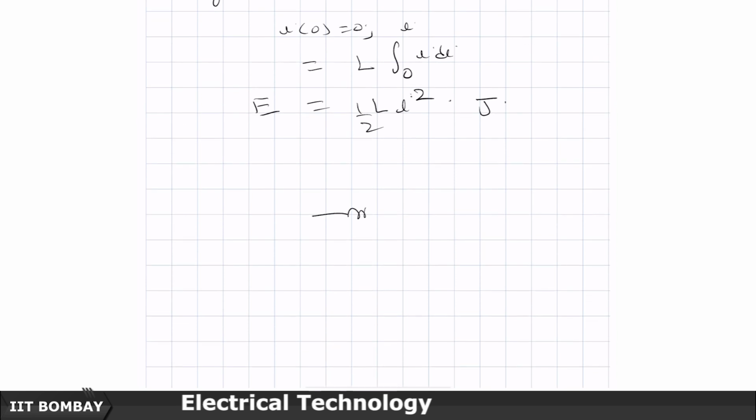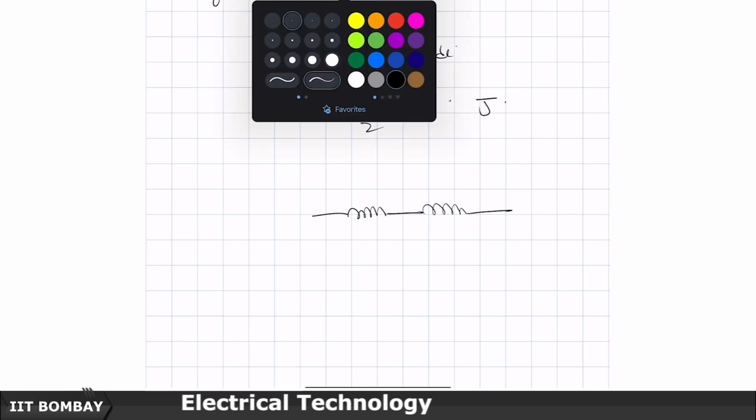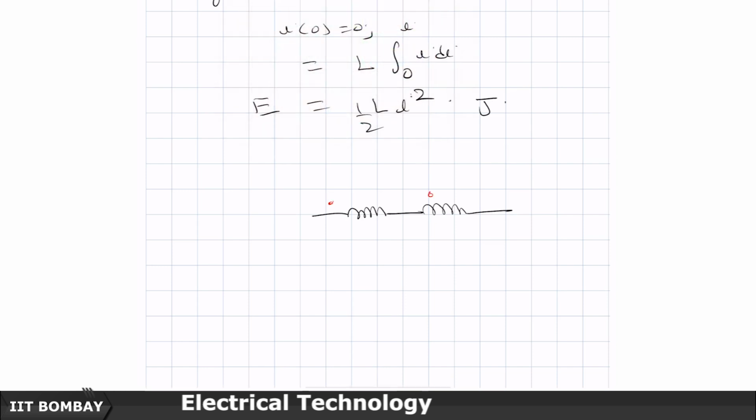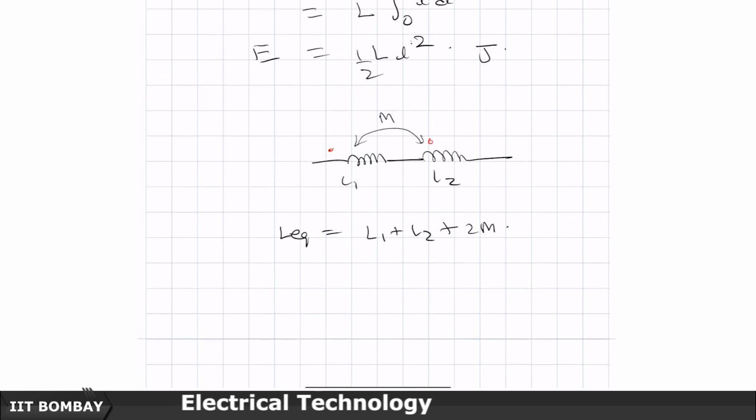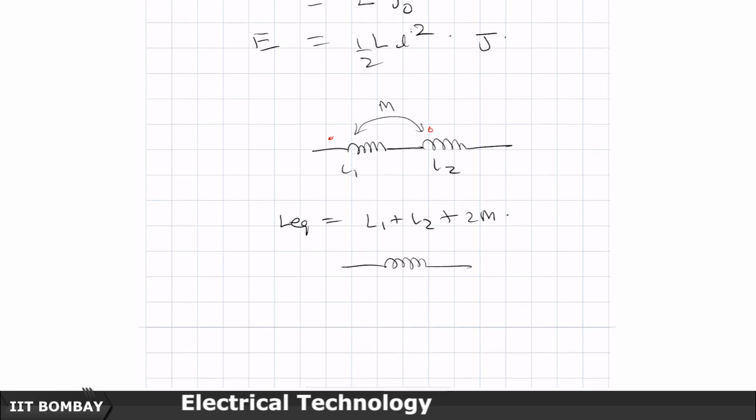If I had mutually coupled coils like this, with L1, L2 and M, then we had said that L equivalent is L1 plus L2 plus 2M. So, this is as good as saying that I have an L equivalent, a V of t is applied here and a current I of t goes in here.